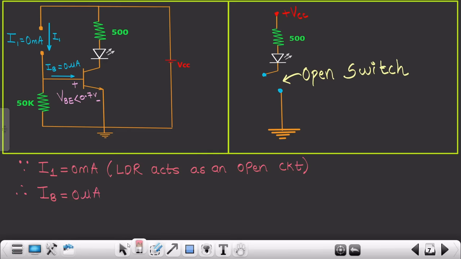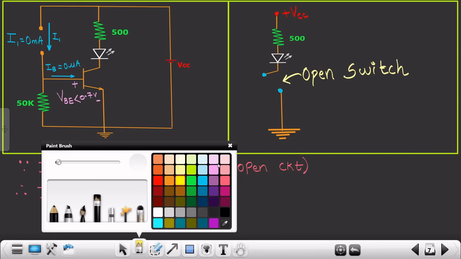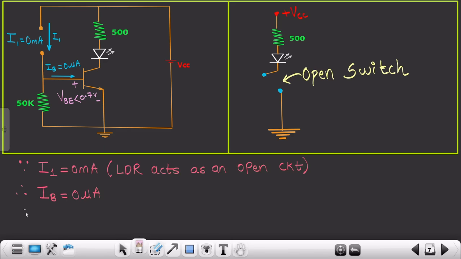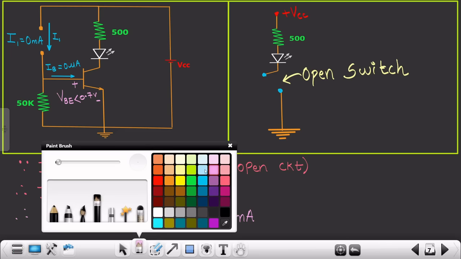And since your base current is 0, we all know that IC, the output current, is beta times IB. So your IC would be 0 milliampere. And if base current and collector current are 0, your transistor is operating in the cutoff region, or it acts as an open switch.